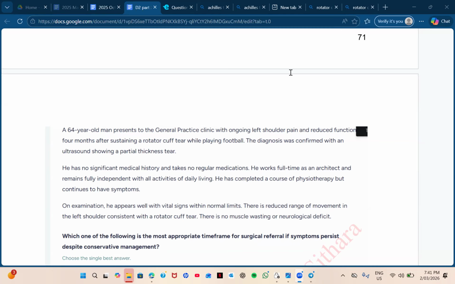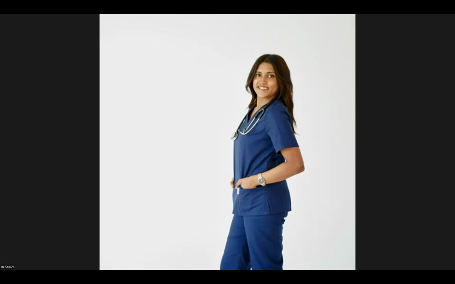So I'm going to stop the screen sharing and tell the answers, and you have to select one because it's already marked in here. I need answers from you. This is a good point. Which one of the following is the most appropriate time frame for surgical referral if symptoms persist despite conservative management?